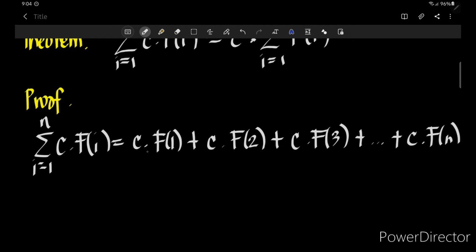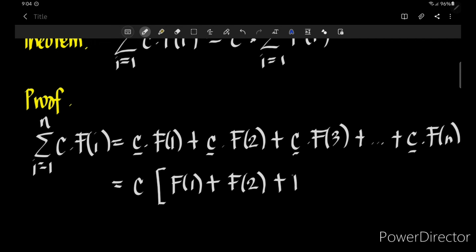Now, since C is present at each term, so meron tayong C, C, hanggang kay nth term, pwede natin siyang i-factor out. So, mangyayari, magkakaroon ka ng C times, okay, f of 1 plus f of 2 plus f of 3 plus all the way up to f of n.